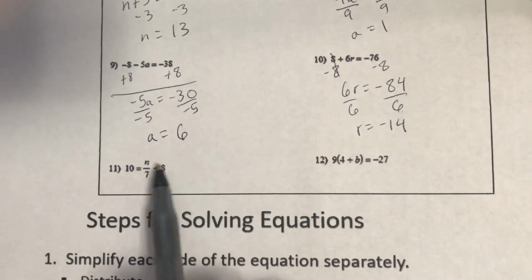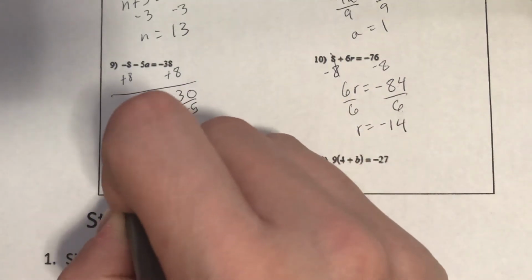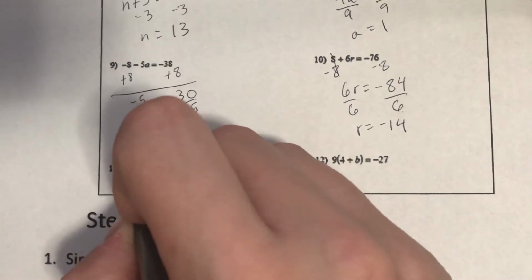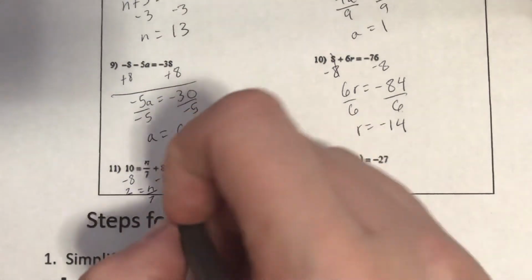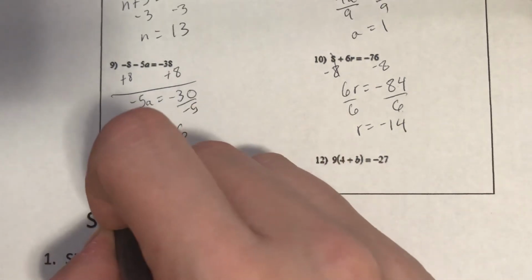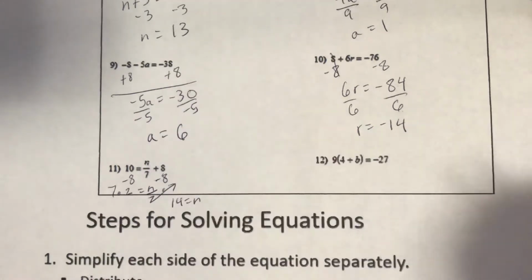I first get rid of the constant, then I get rid of whatever's with the n individually. So we want to first subtract, so we get 2 equals n over 7, and now we're going to multiply by 7 to get rid of the 7. So we get 14 is equal to n.